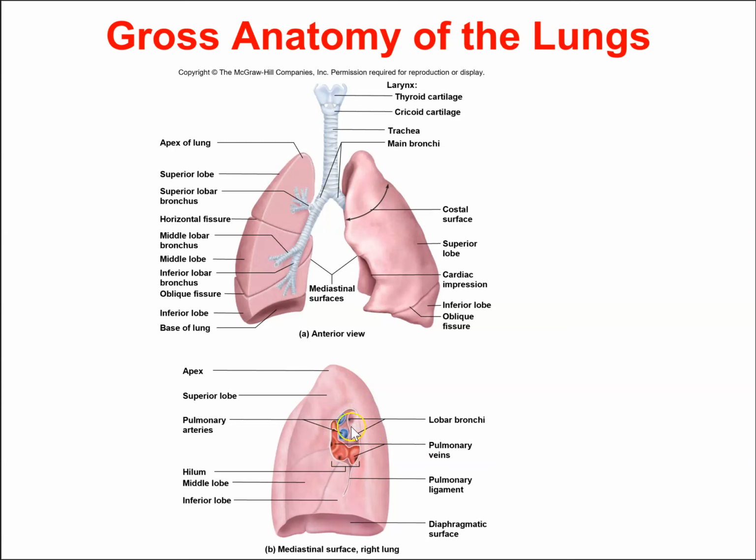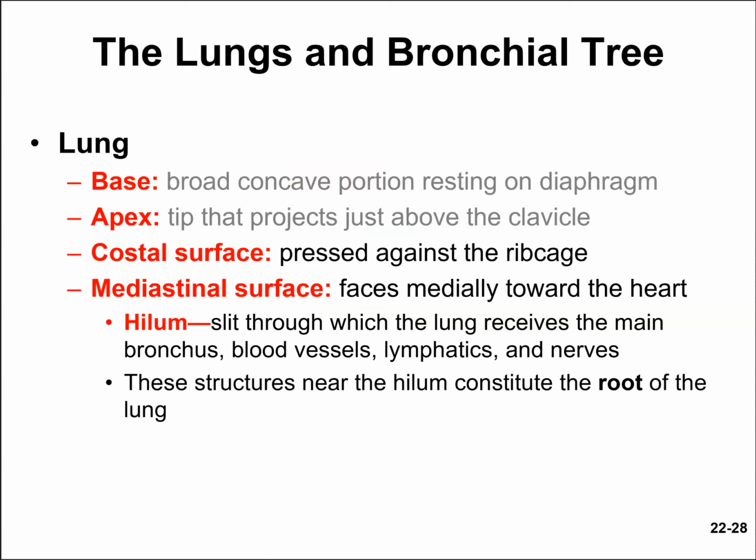And if you look at the structures inside the lungs, the bronchi are further divided into smaller branches, and all the way to the end you have a cluster of grape-like structures that you call the alveoli.